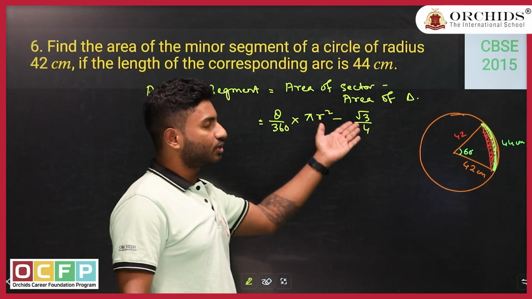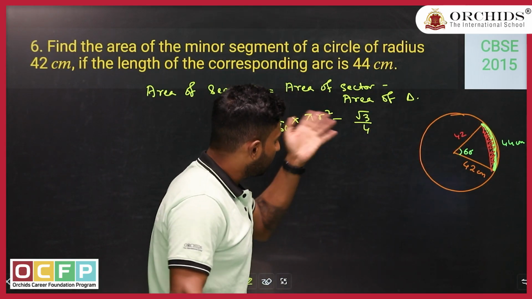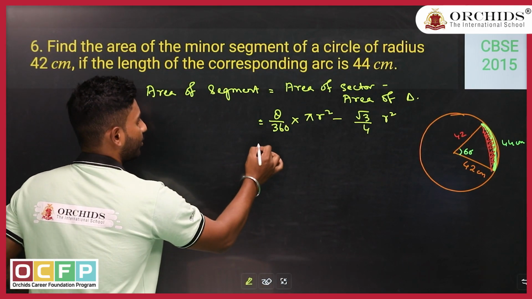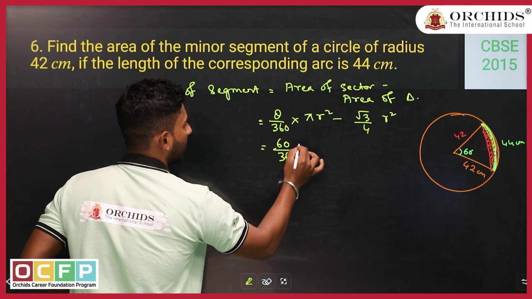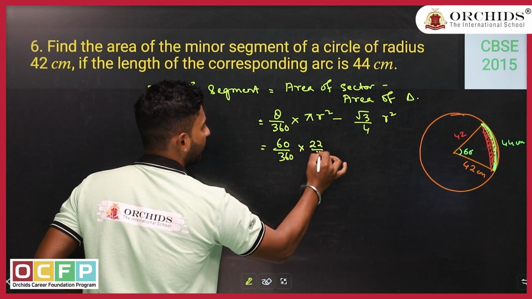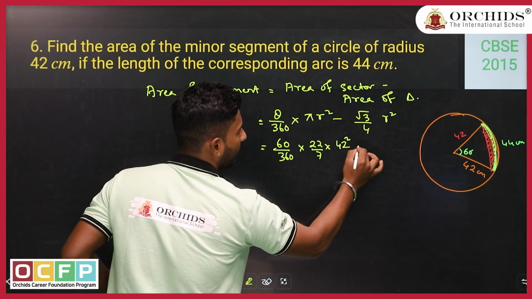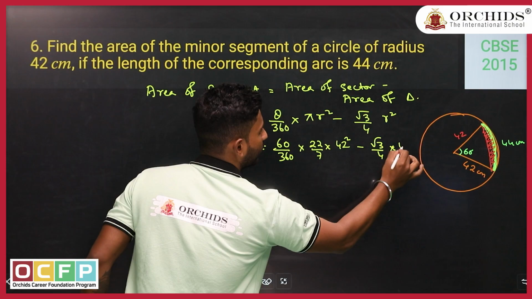Generally we write root 3 by 4 side square. Here the side is nothing but the radius only, so let us write it as r square. Put the values: 60 by 360 into 22 by 7 into 42 square, minus root 3 by 4 into 42 square.